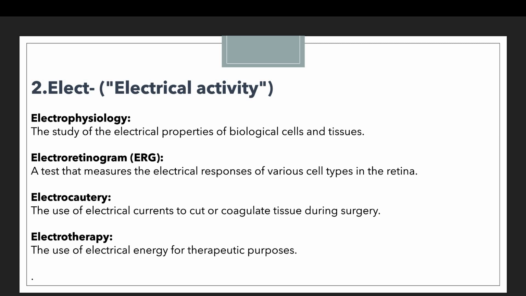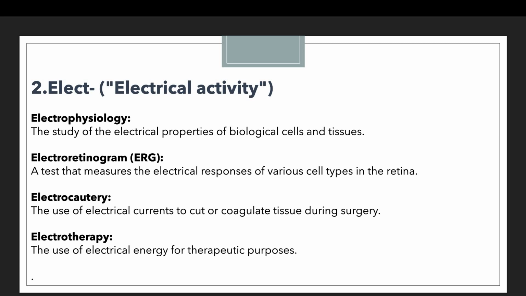So this terminology is used to showcase the test which uses electrical responses of various cell types in the retina to measure it, right? So the prefix is elect, in electroretinogram, ERG report.